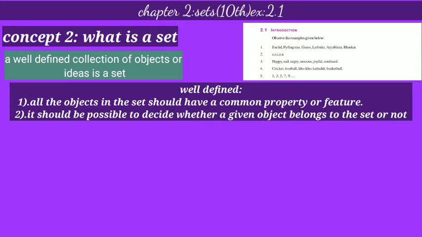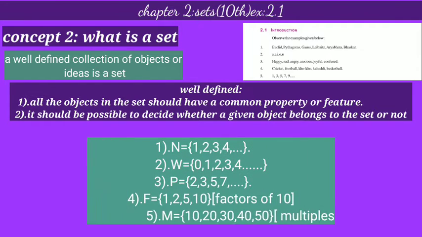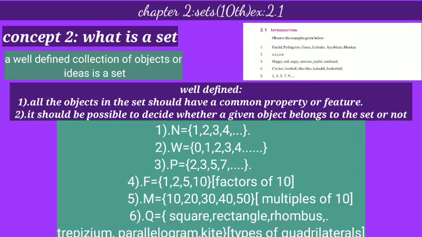One is that the whole collection has a common property or feature, and the other is that we can say whether any object belongs to the given set or not. In mathematics we come across so many collections: natural numbers, whole numbers, prime numbers, factors of a particular number, multiples of a particular number, and coordinates in a plane. These collections are known as sets in mathematics.